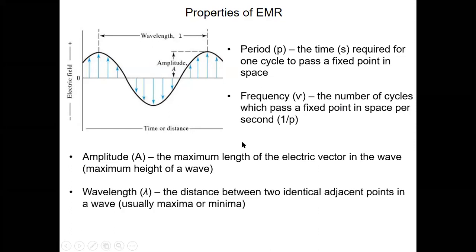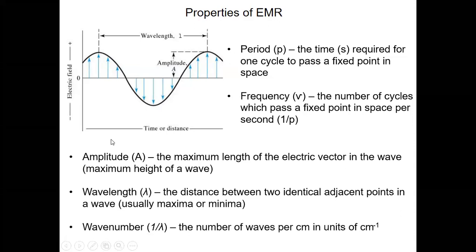And the wavelength is the distance between two identical adjacent points. It can be either two adjacent maxima or two adjacent minima. And the wave number is the number of waves per centimeter. The unit of wave number is per centimeter, and it is 1 over lambda.